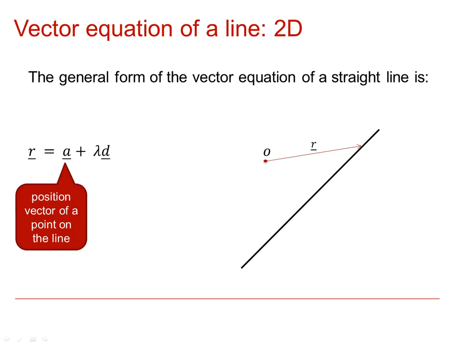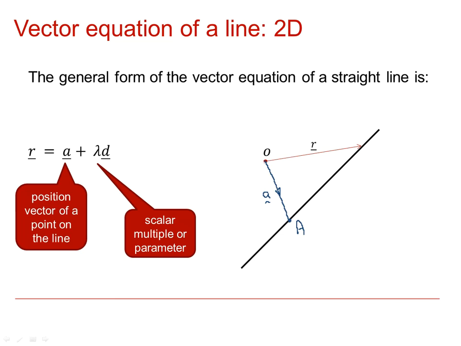So if we were to draw a vector from O to the line, where this is the point A, then there's the position vector of that point. So if we've got a known point A, then that makes up the first part of the general equation.